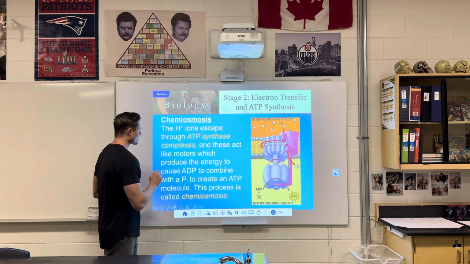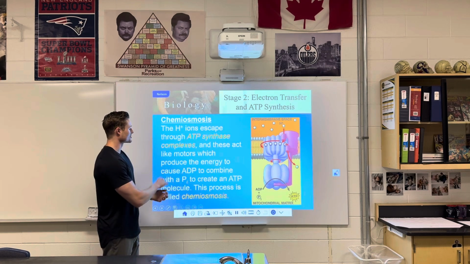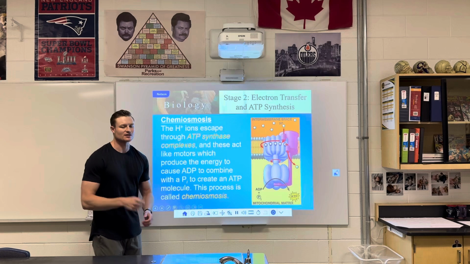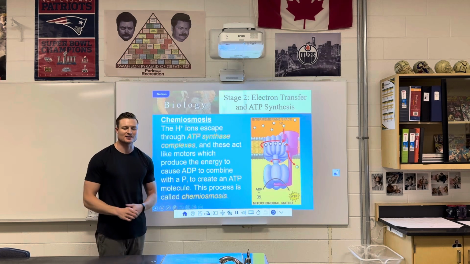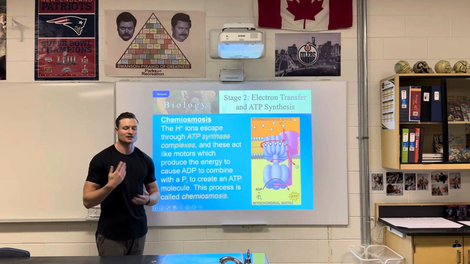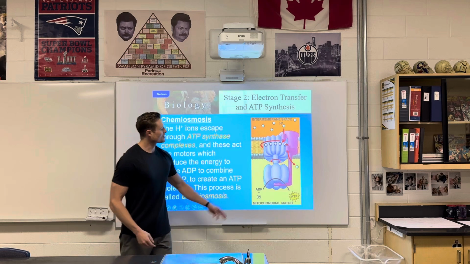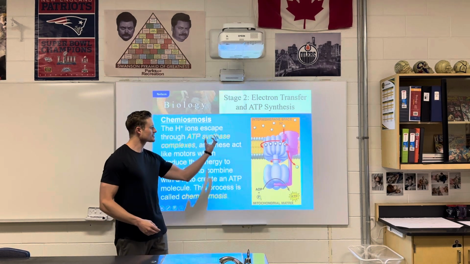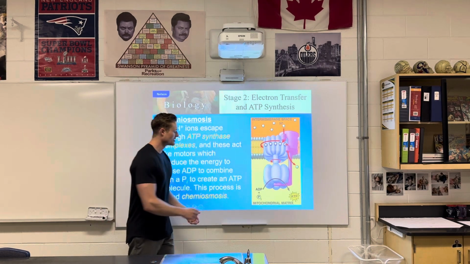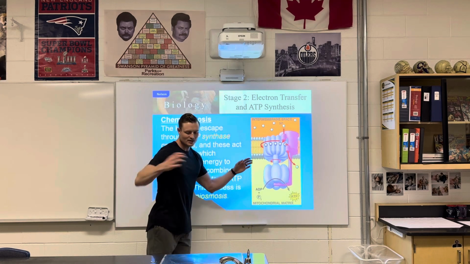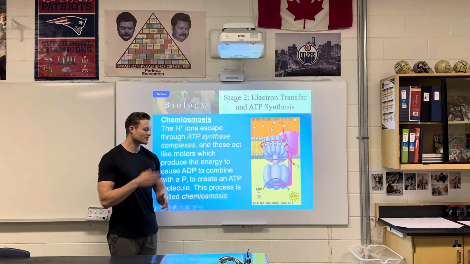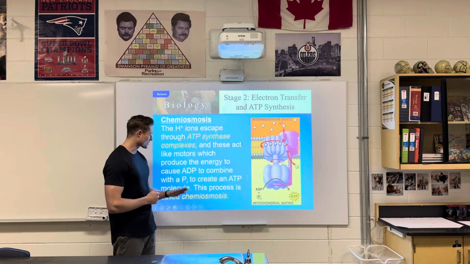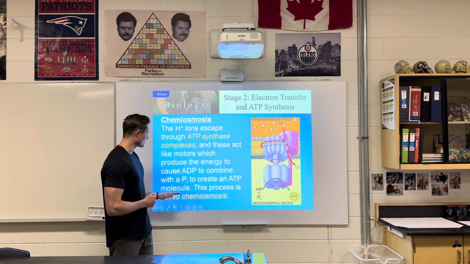So the only way for hydrogen to leave the membrane is through this very fancy complex called an ATP synthase complex. And it's like a little tiny motor, a molecular motor. The hydrogen will move through the complex, be pumped out of the membrane, but every time it moves and spins, it takes an ADP, slaps a phosphate onto it, and makes ATP. And this process we call chemiosmosis.